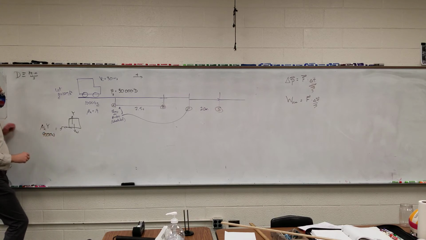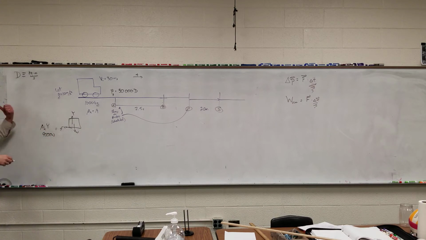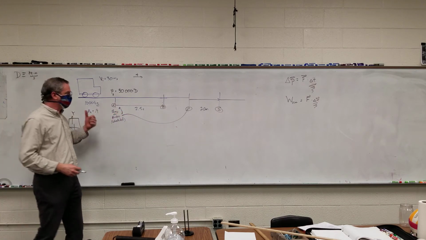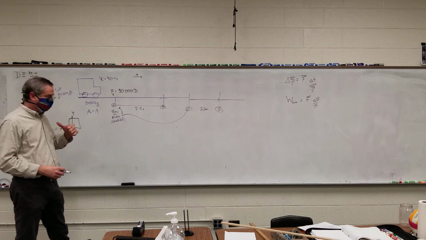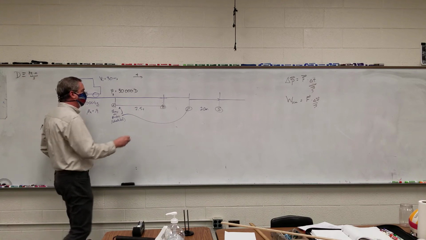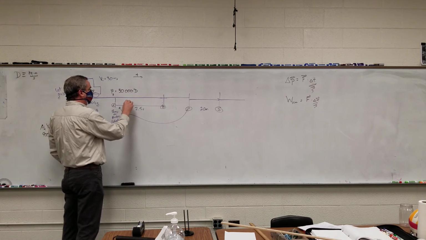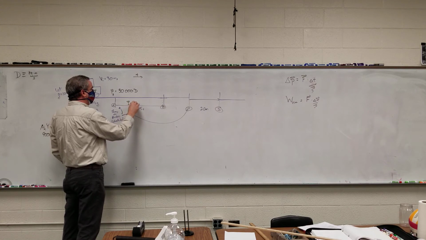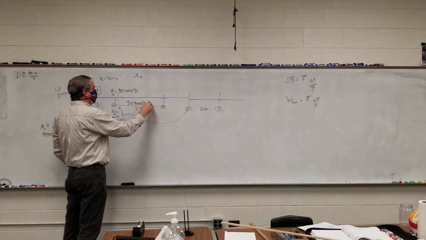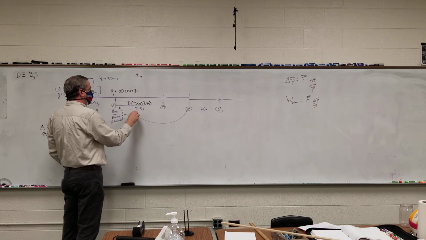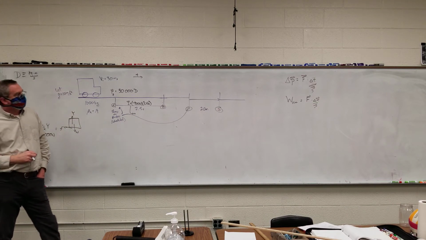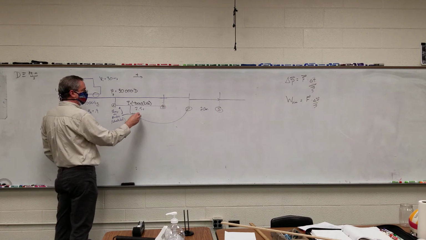To the left. So my impulse is force times time, so it's negative 9,000 times 2.5 seconds. Negative 9,000 times 2.5 seconds. 22,500?